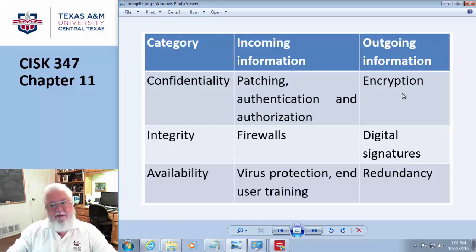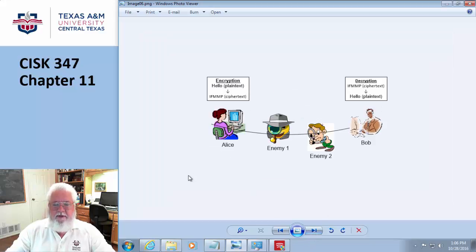So how do you solve that problem? Well, you solve it with encryption. There's a figure here of how encryption works. I want to send hello to this guy over here. So I encrypt it, put it on the wire, and it gets sent across. Instead of getting hello, they get IFMMP. Then they decrypt at the other end, and we end up with hello.